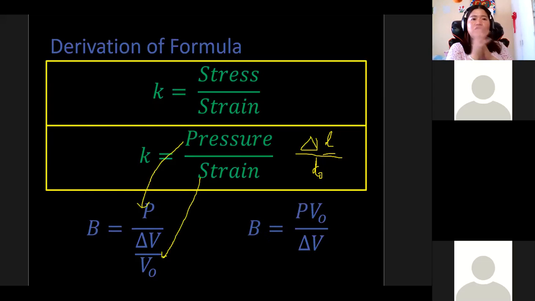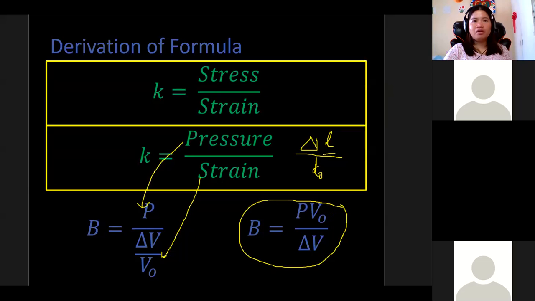Now, don't get confused with this one. When you do the word problems for the modulus, you don't need to solve it from the derivation. Basically, you just have to focus on the final formulas. For bulk modulus, B is equal to pressure multiplied by original volume all over the change in volume.